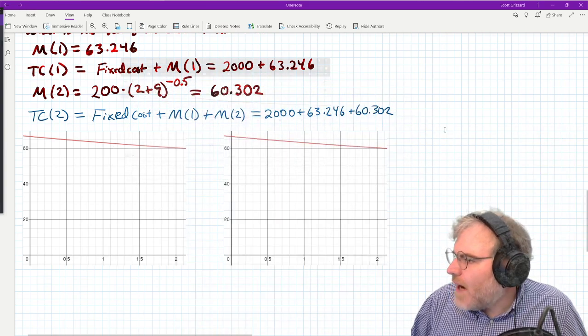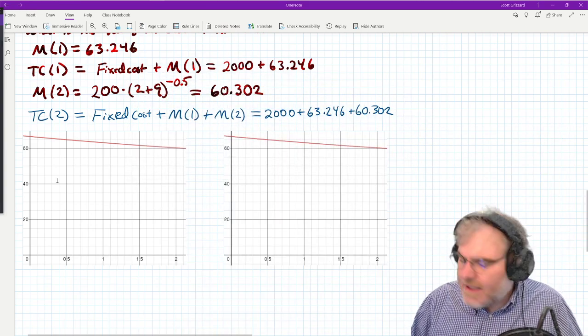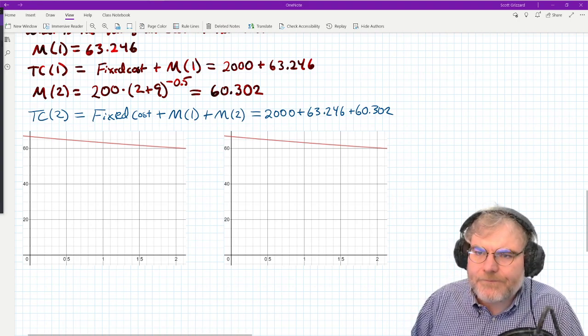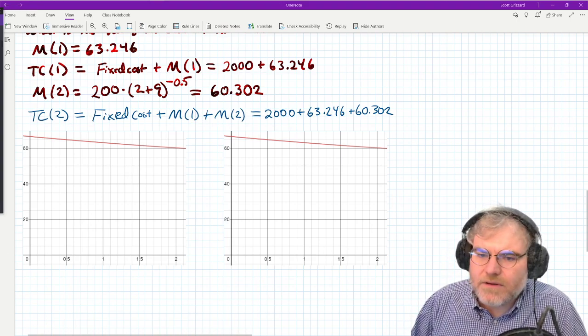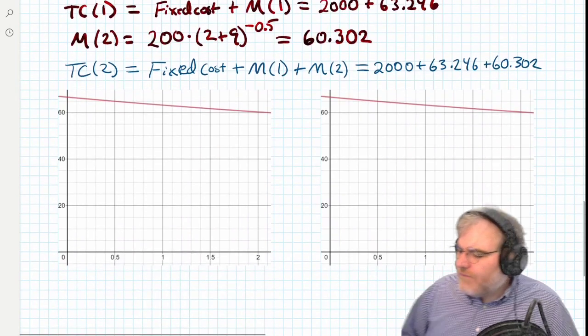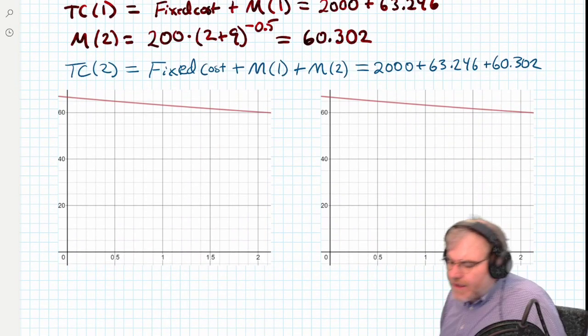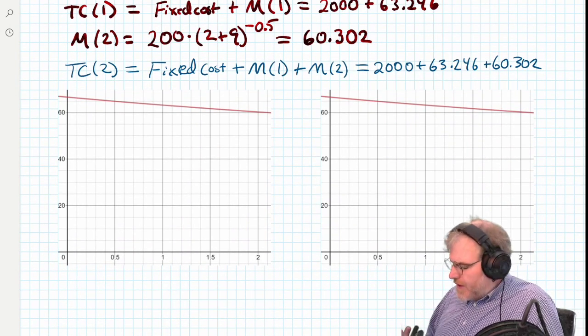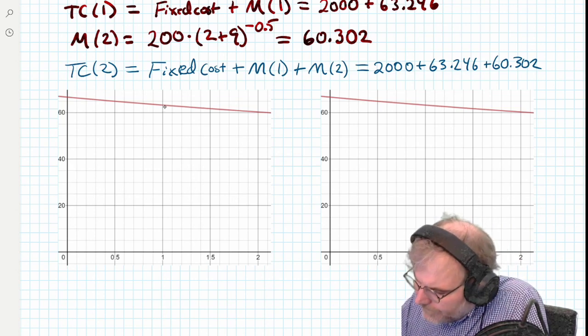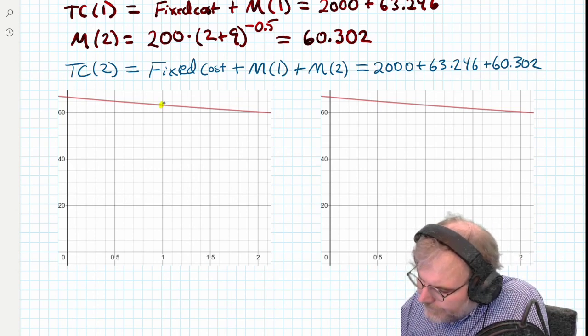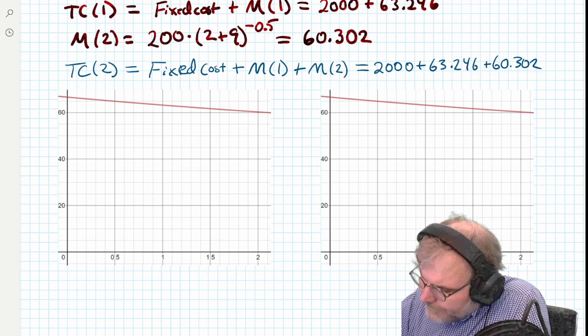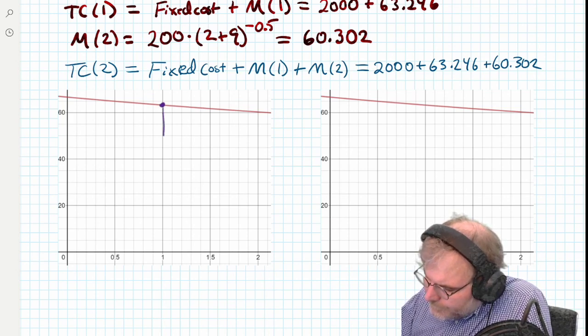So if I wanted to graph that, it would look something like this, right? If I wanted to graph those things, I would say, okay, well, the marginal cost of producing the first gallon is right here, times the fact that I'm producing 1 gallon.